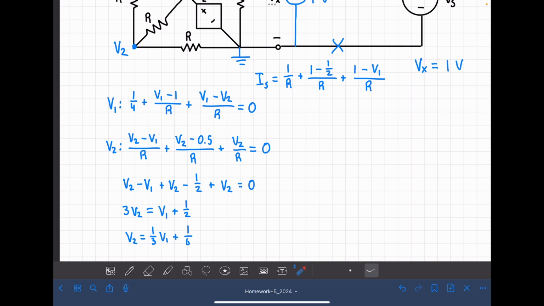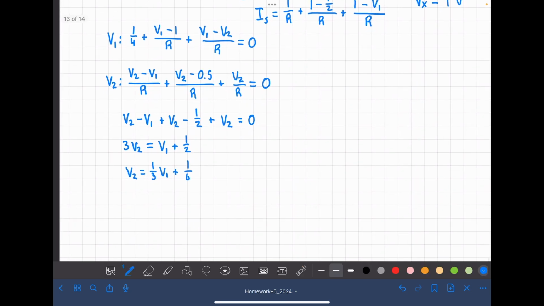Okay, we're gonna have to bring it back up here to plug into our equation. We get 1/4 plus V1 minus 1 over R plus V1 minus V2.